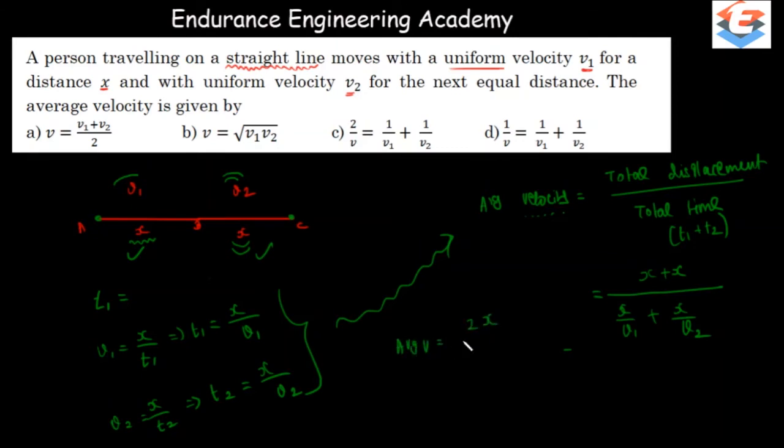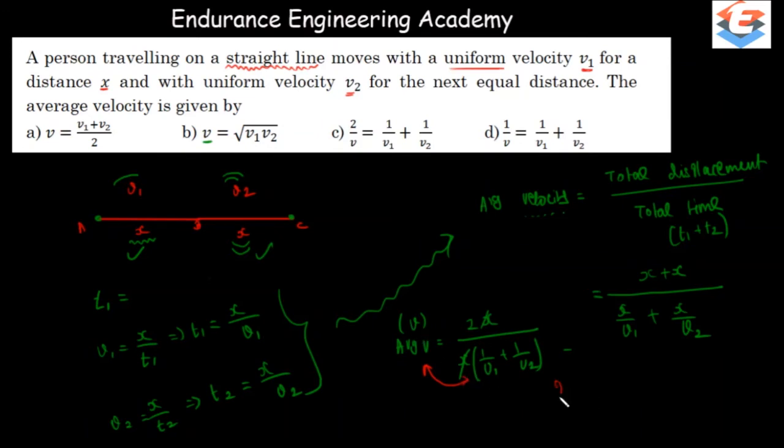This will become 2x, and in the denominator, x times 1 by v1 plus 1 by v2. So these two x's will get cancelled. So average velocity, which I will just take as v because they also took it as v, is equal to this. I can do some rearrangement: I can bring this 1 by v1 plus 1 by v2 to that side, and this v, the average velocity, to this side.